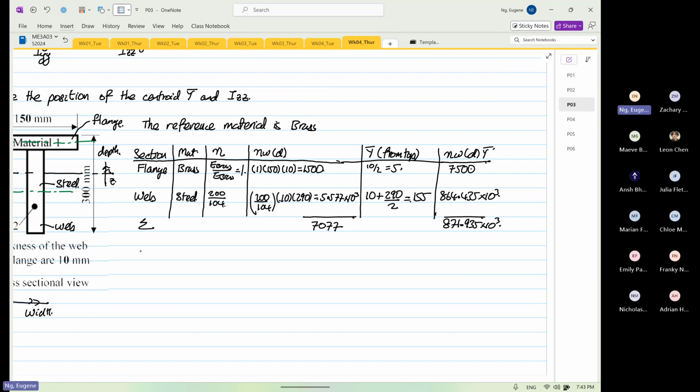Then finally, we can find our y bar, which is 871.935 times 10 to the power 3 divided by 7077.